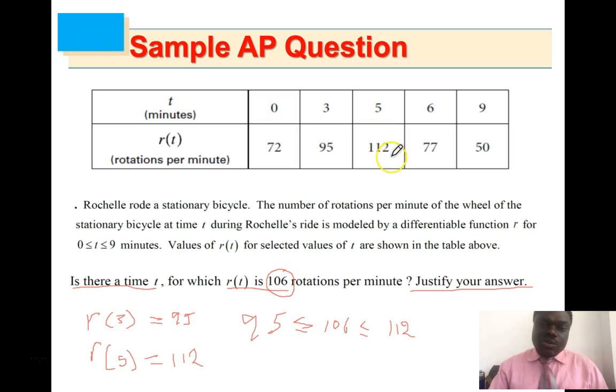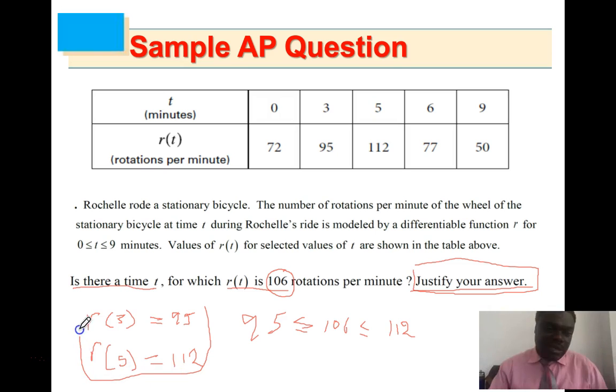Therefore, there is some value of t at which R of t is 106. You can also justify it using R of 5 and R of 6. Remember, whenever it says justify your answer, you must show these values, these calculations here. It's very easy, but you must show them.